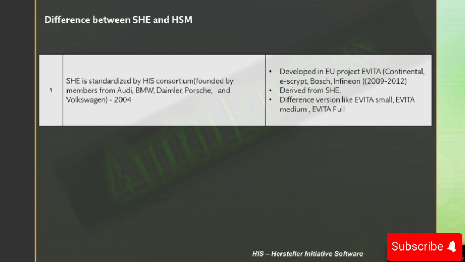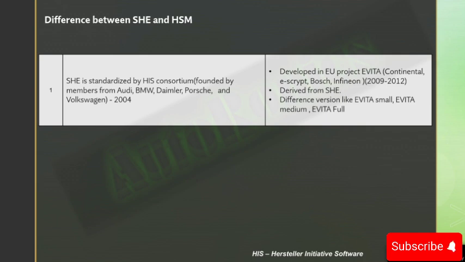In 2006, HIS published a document describing the requirements for an HIS security model that incorporates mechanisms for error detection, authorization, and authenticity. Whereas HSM is developed by a group of OEMs, Tier 1s, and semiconductor companies, where OEMs like BMW Group, Tier 1s like Conti, escrypt, Bosch, and semiconductors like Infineon.